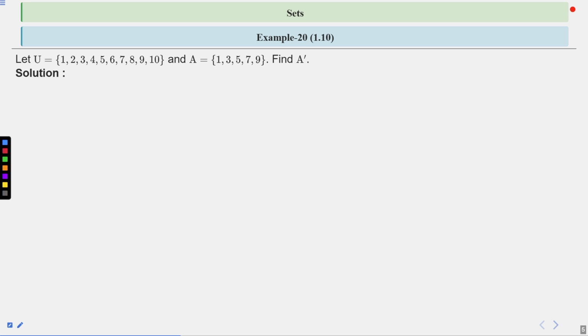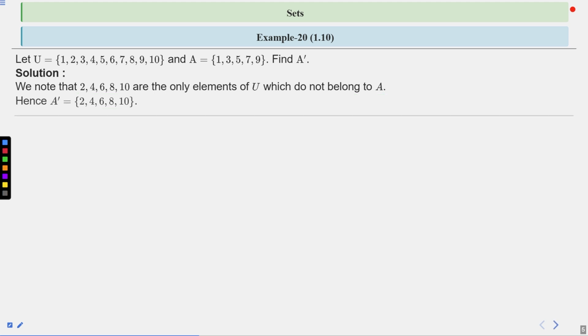So solution. Yes, indeed. We note that 2, 4, 6, 8, 10 are the only elements of U which do not belong to set A. So A complement will be the set with these elements 2, 4, 6, 8, 10. Clear?